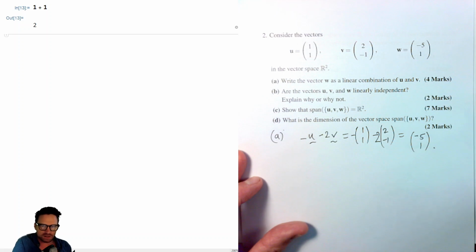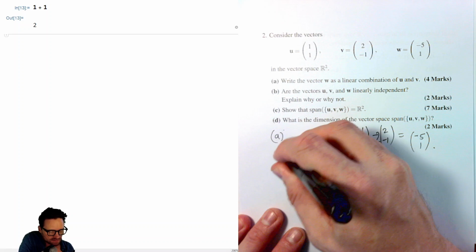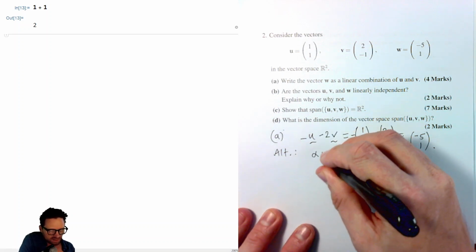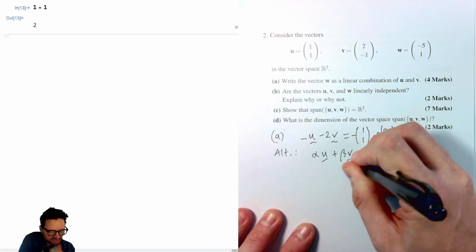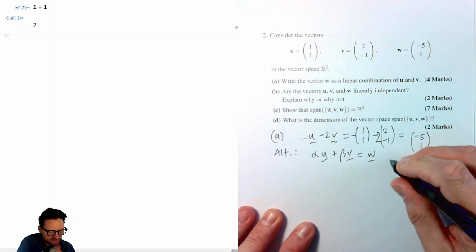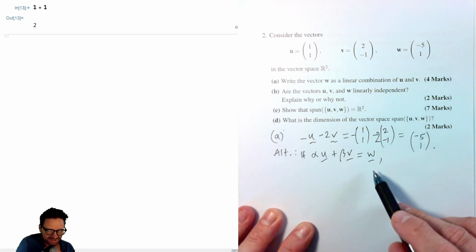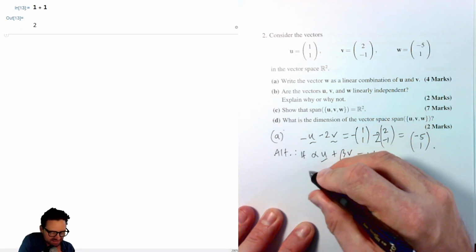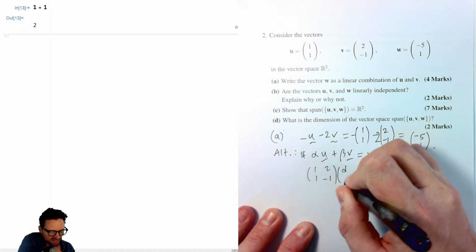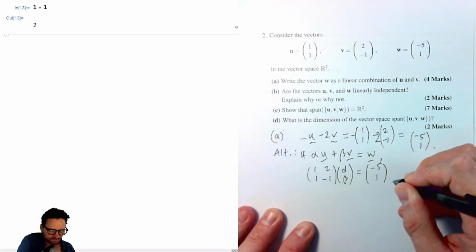But if you were not able to guess, then alternatively, you would say, suppose alpha u plus beta v equals w. And so if we have this, then we can express this as 1, 2, 1, minus 1 times alpha, beta, equal to minus 5, 1.